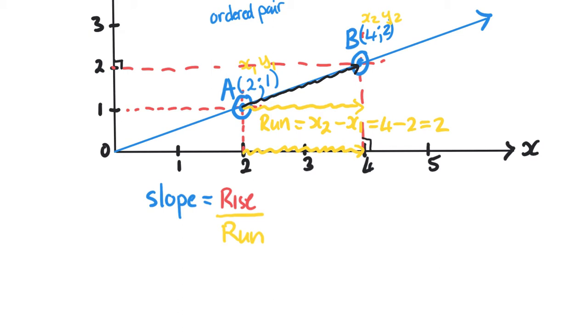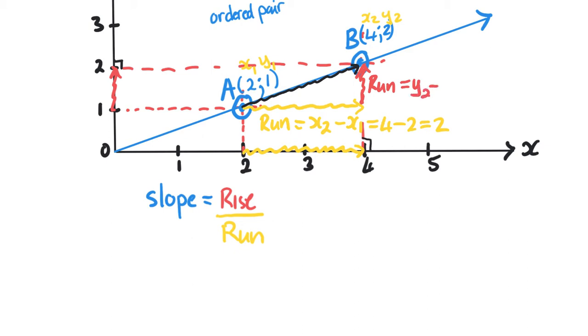That's the run. The rise is the vertical distance covered along the graph between A and B, and that's the same as the difference between the y values, y2 and y1.